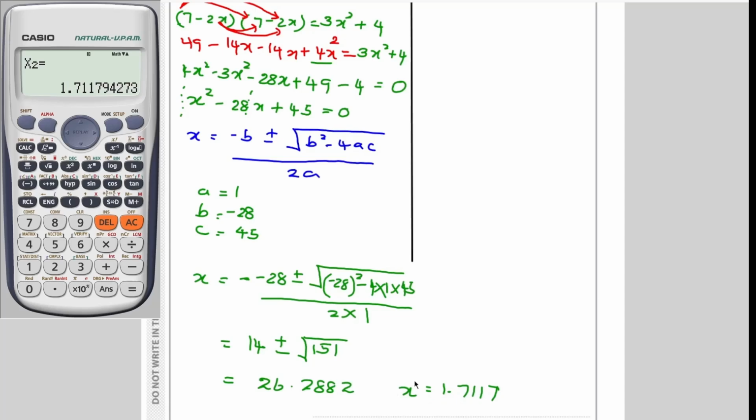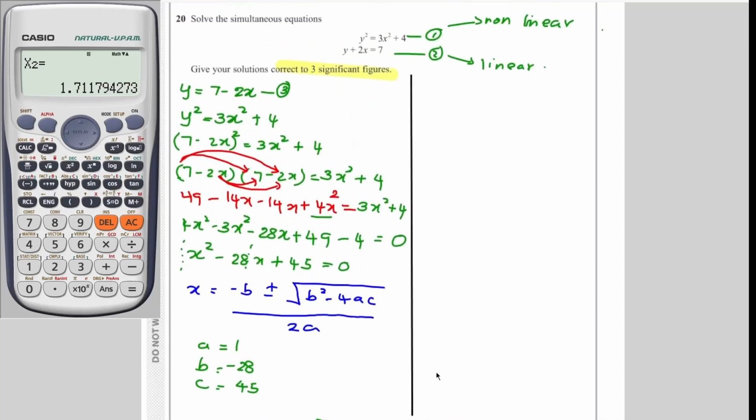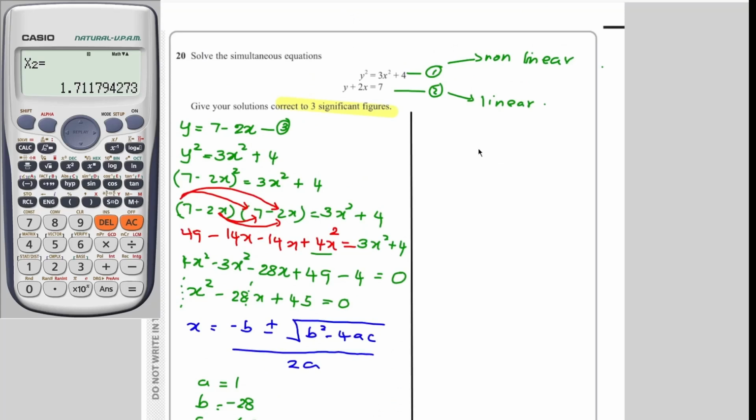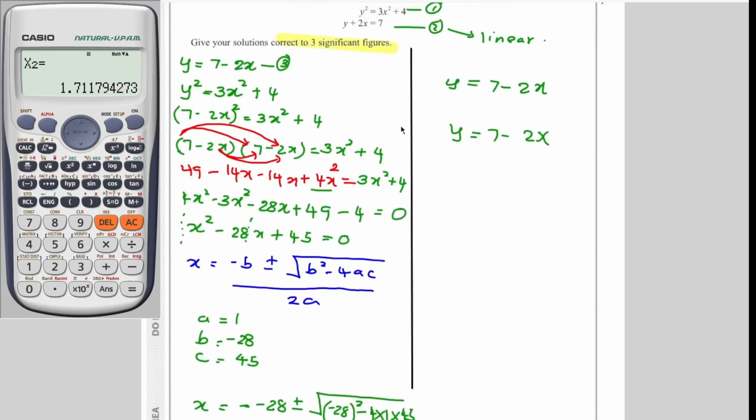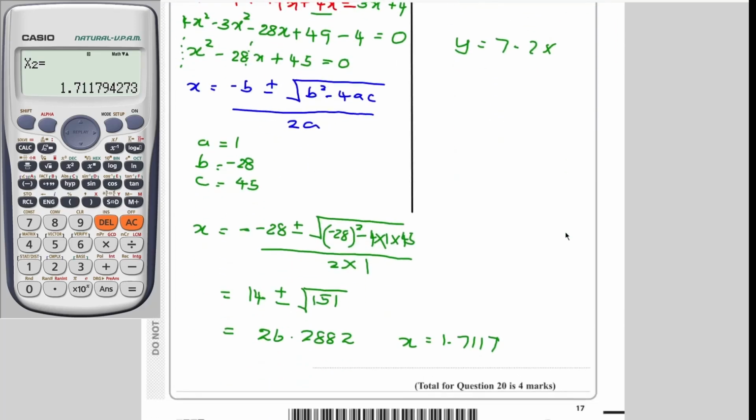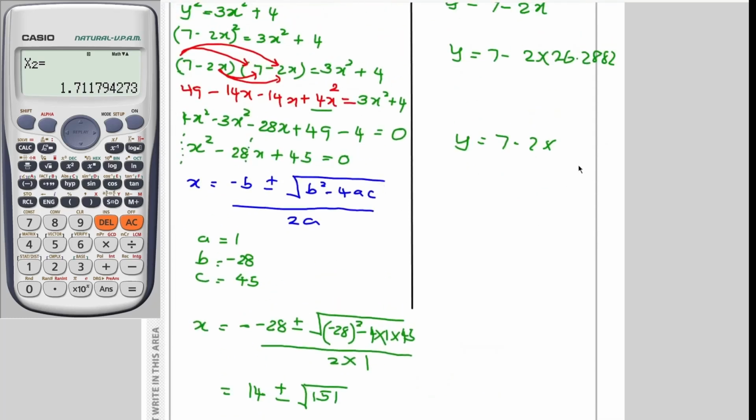For these two x answers, we need to get what the y's are. So we know that y equals 7 minus 2x. Then let's substitute the x answers into that y equation. y equals 7 minus 2 times what are our x answers? 26.2882. And the other one is y equals 7 minus 2 into 1.7117.